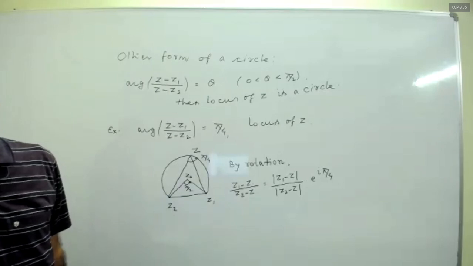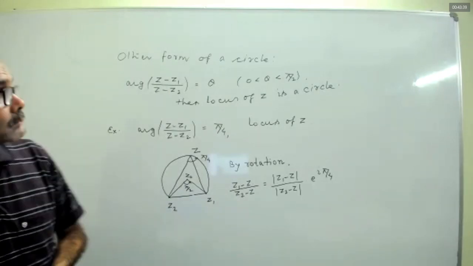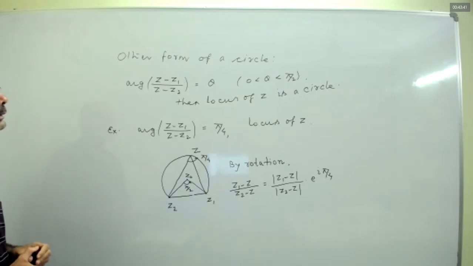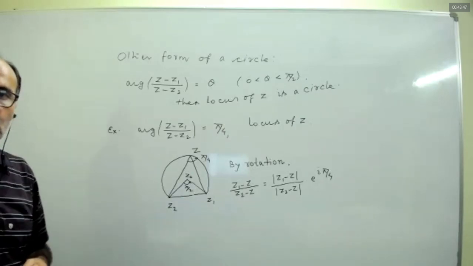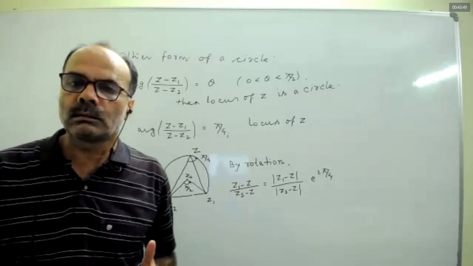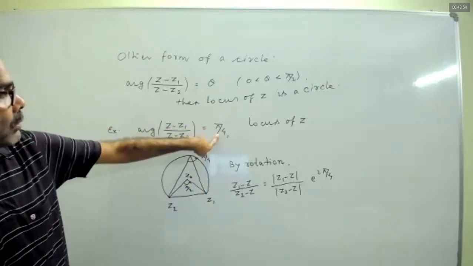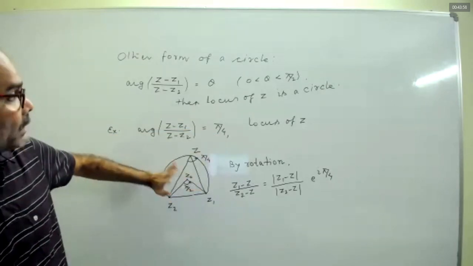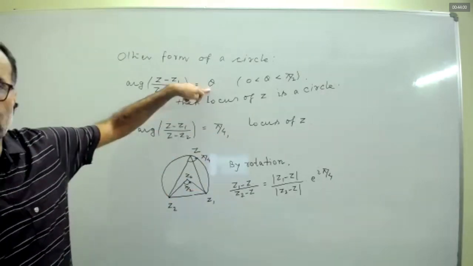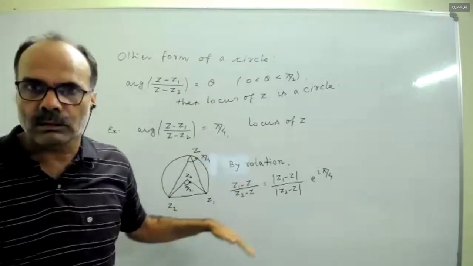Have you written it? In place of pi by 4, the angle cannot exceed pi. For any acute angle here, there will be a corresponding circle.